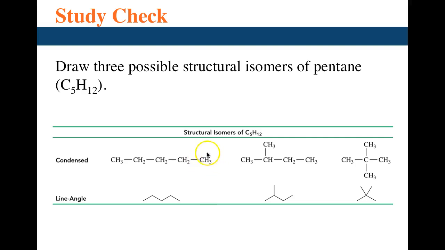And then you can take the CH3 and bring it either to this spot or this spot, and then shorten that chain to 4 carbons like here. Whether you bring it here or here, it's the same thing.